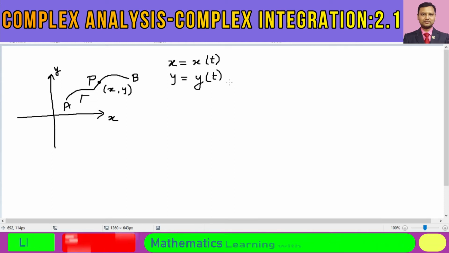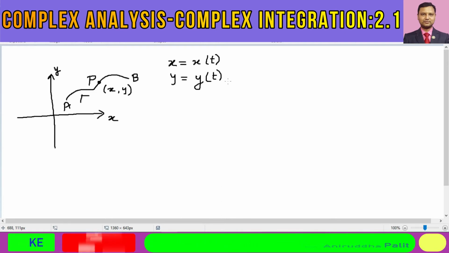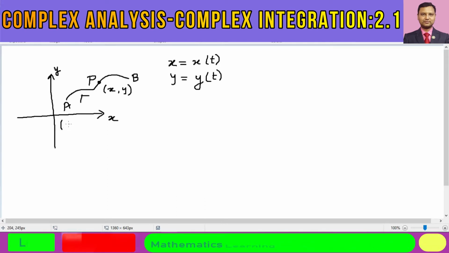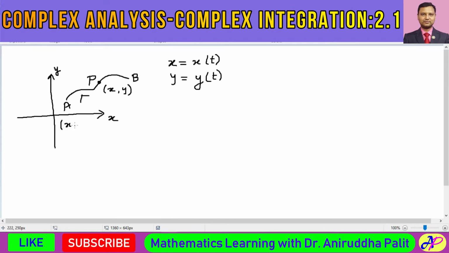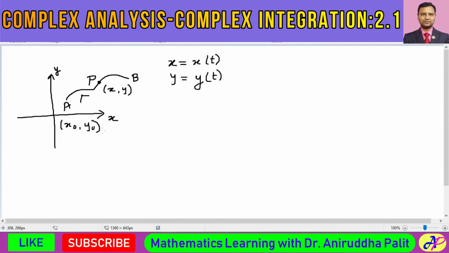Remember, do not mix this parameter with the parameter time. t may be any arbitrary parameter. At this point capital A, the coordinates may be x0, y0.